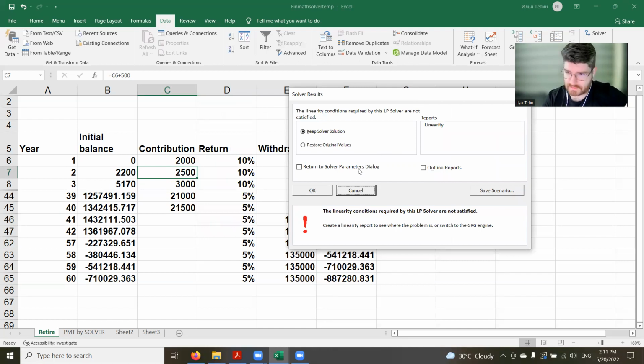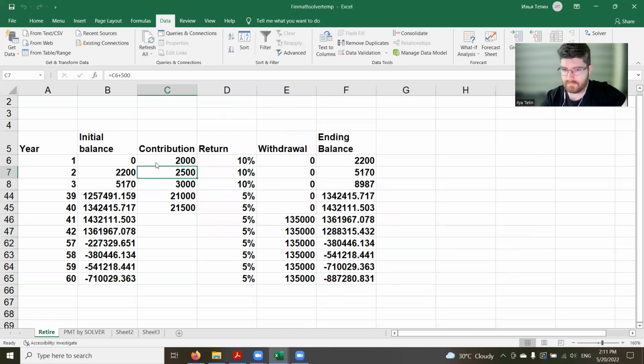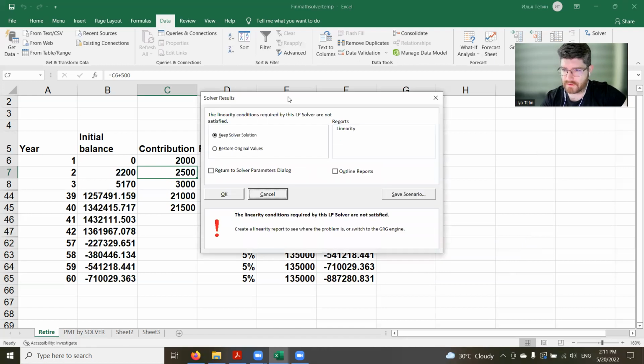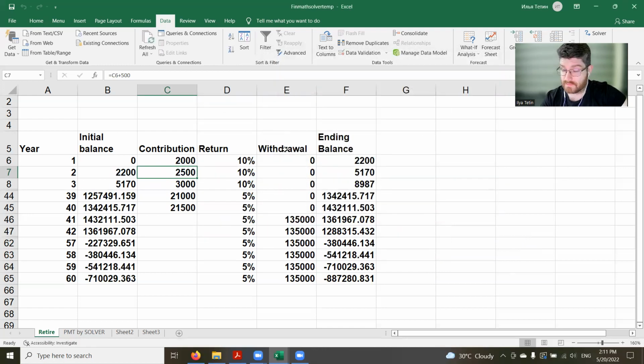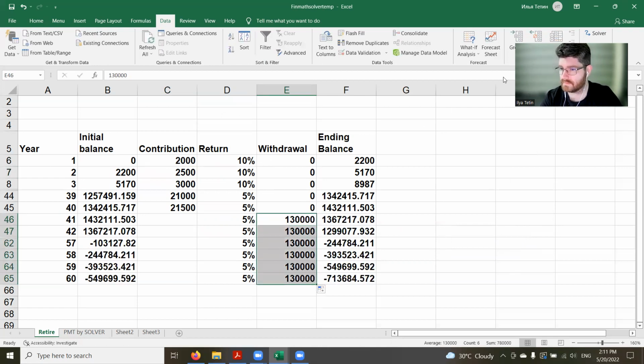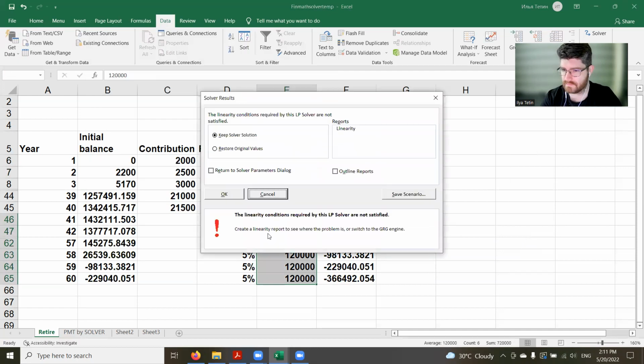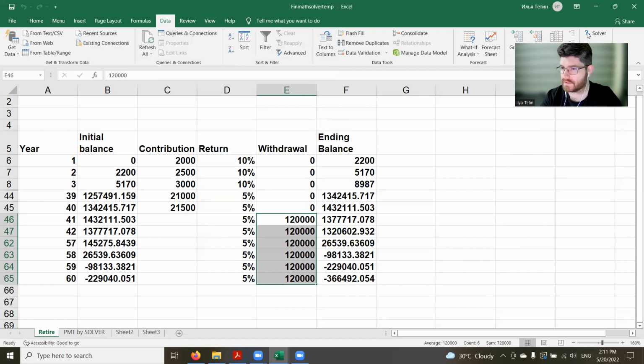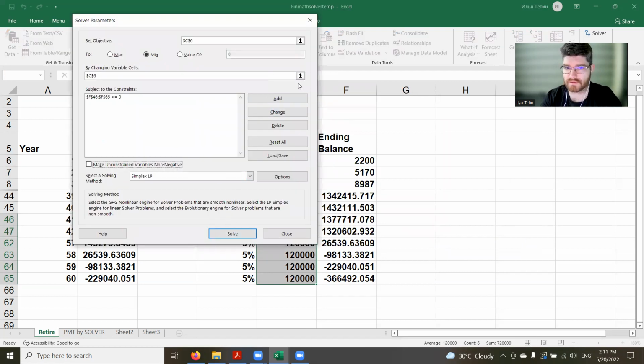Again, linearity conditions. Maybe this will work. Still not. Don't get why it doesn't work, because it should work with 130. And 120. Conditions are not satisfied. Non-linear conditions. It's really strange. Why not?